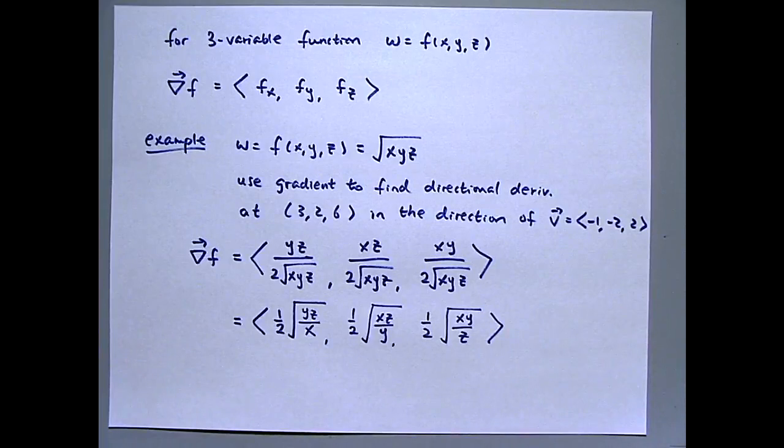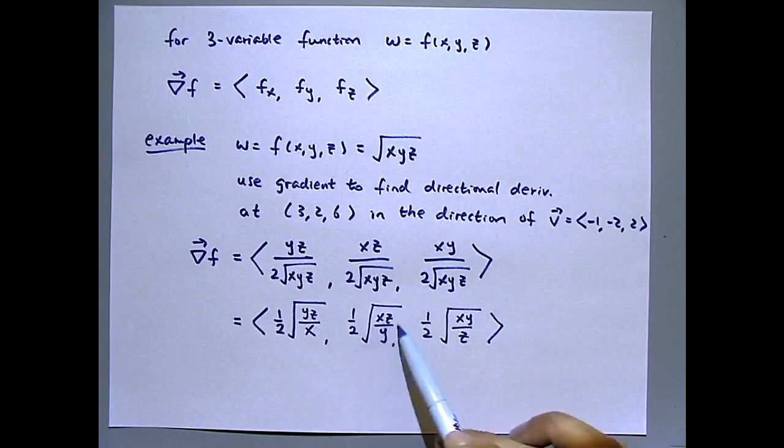There's a pattern to how these variables are presented in each component. x for the i component downstairs, yz upstairs, y for the j component downstairs, xz upstairs, and so on.